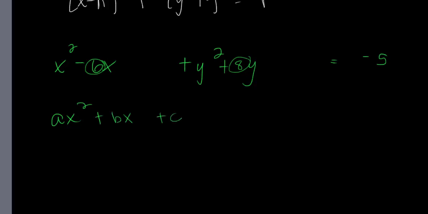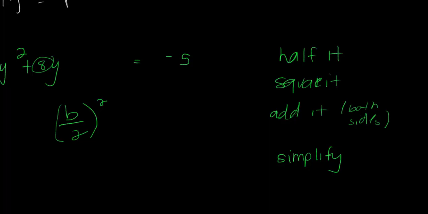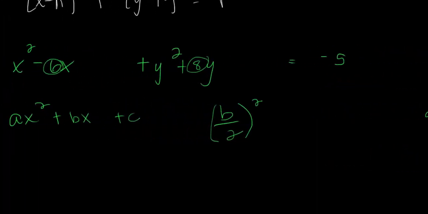Half it, square it, add it is saying b divided by 2, because that's half of b, and then we square it. So we could also think of it as b over 2 squared.